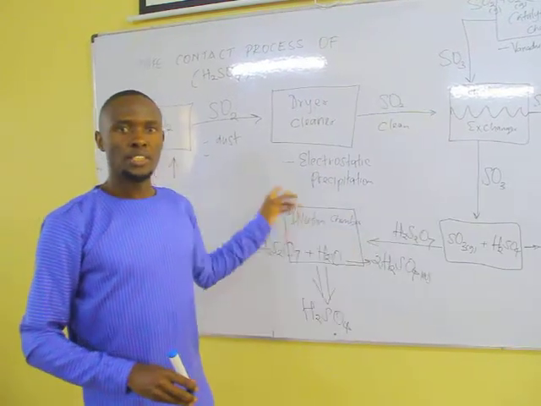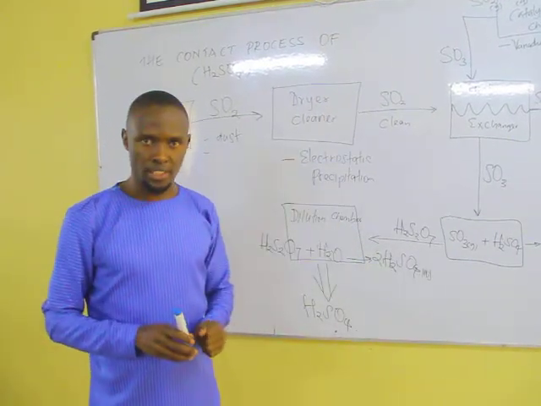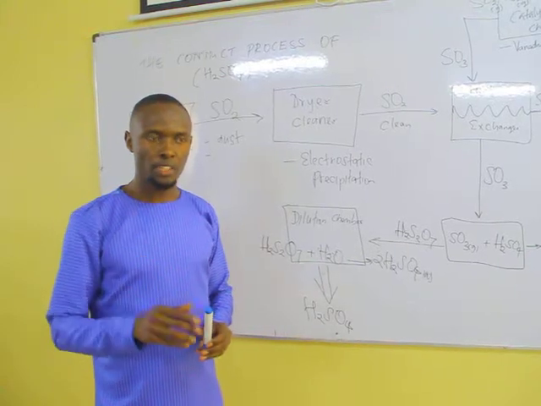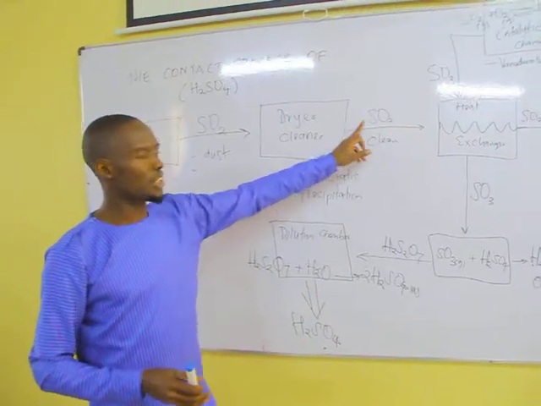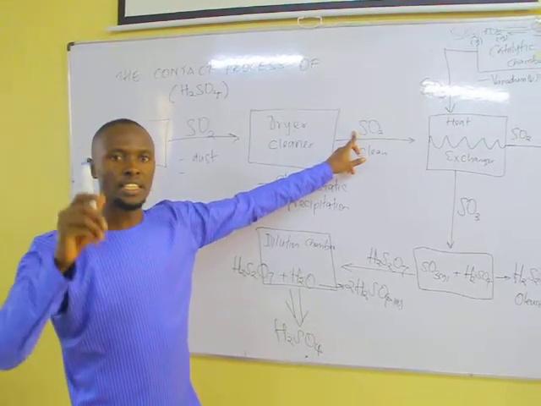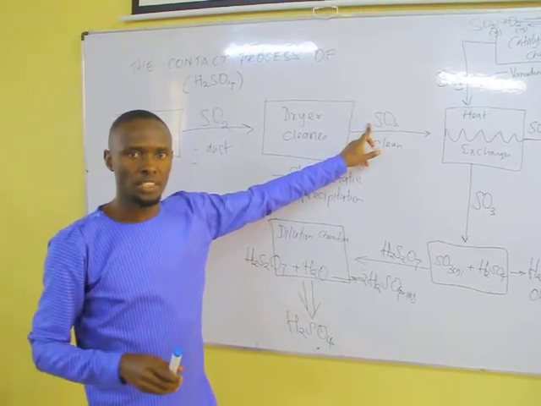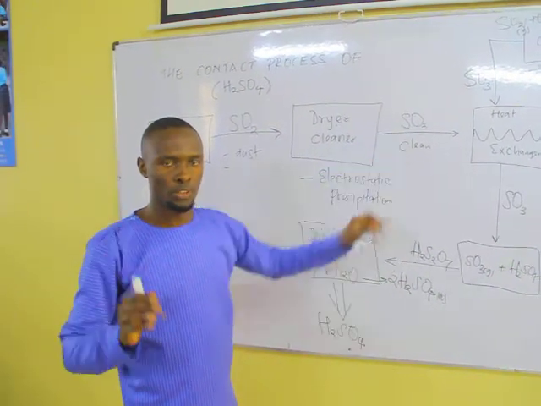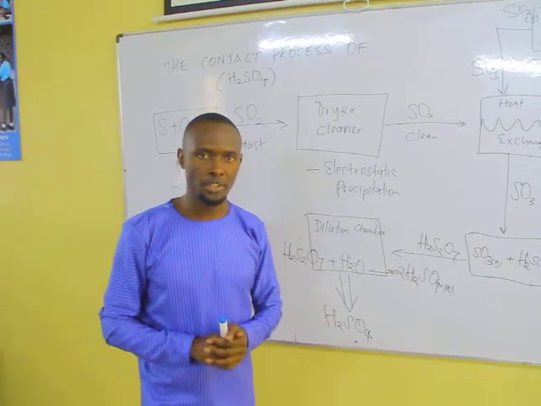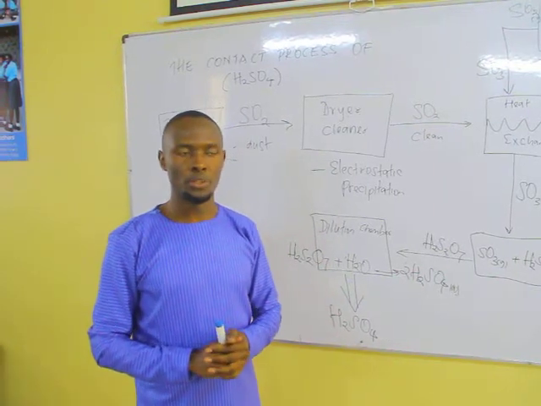The contact process has pollution effects. Before I finish, the contact process has pollution effects, and the gas produced, this sulfur 4 oxide gas, is a very bad pollutant. If it's allowed to go to our environment, it will cause pollution.